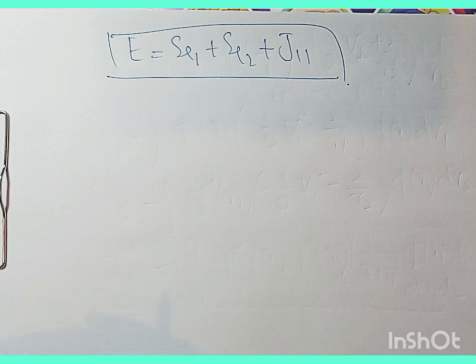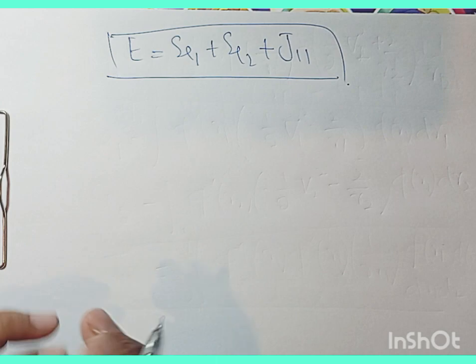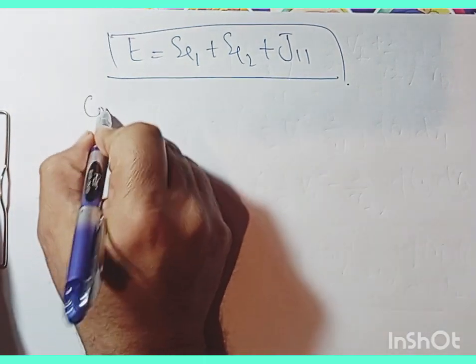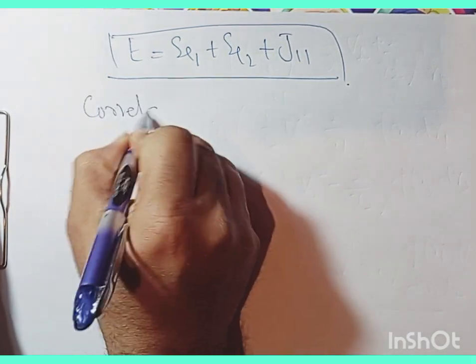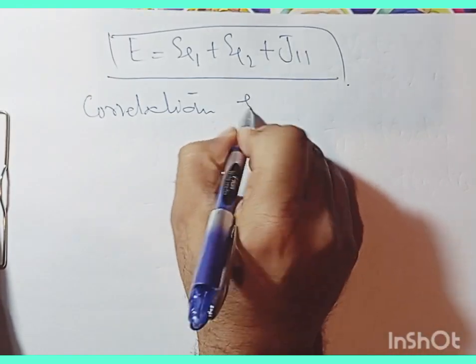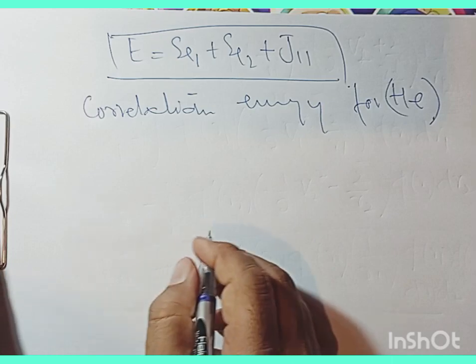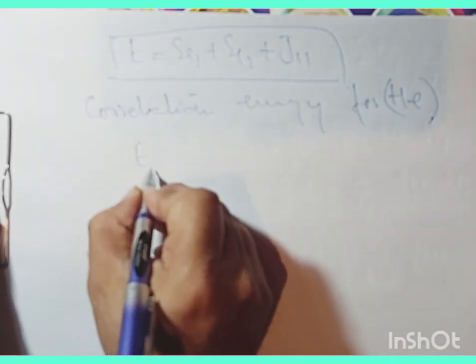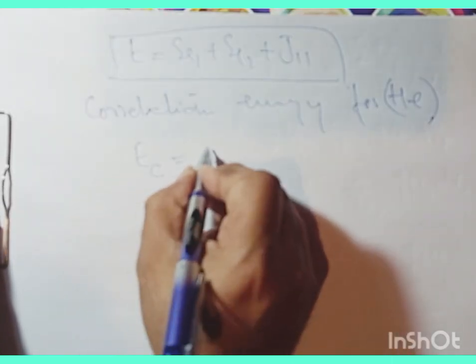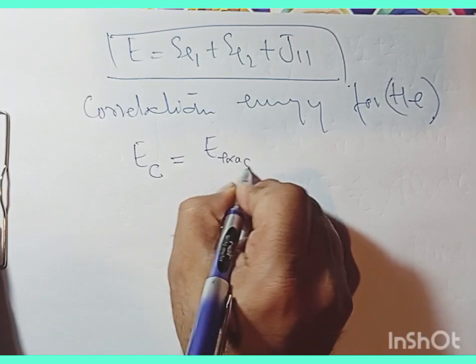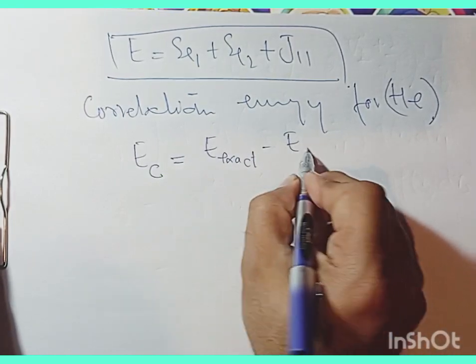Now, what is important here is if I write down the correlation energy for helium, this EC refers to E correlation. That will be E exact minus E Hartree.